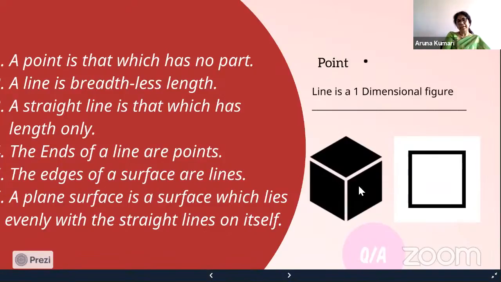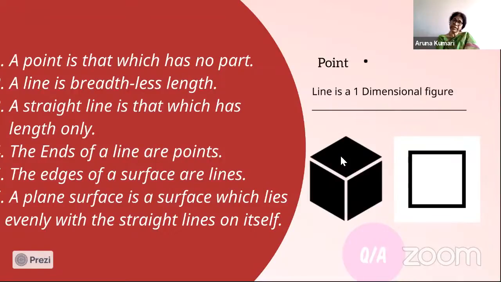See, this is a 3D figure, we know very well. We studied last week how many surfaces it has. Let us take this as an example of a 3D object. We know very well it is a cube, or one more name is there, square prism.